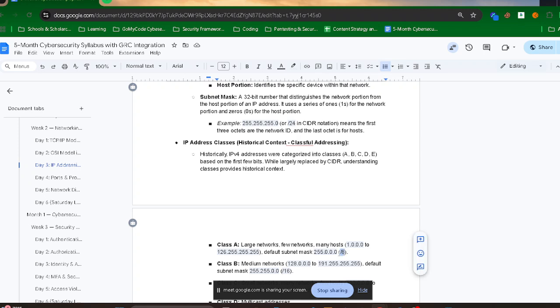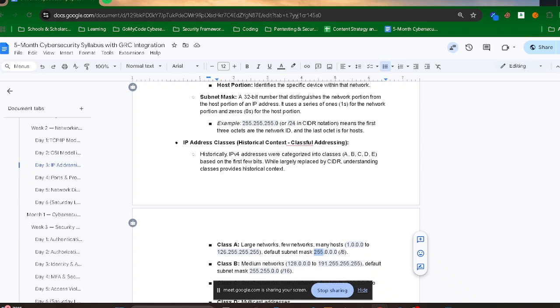The /8, the CIDR notation, means the number of ones that you have in the subnet is eight, only eight.